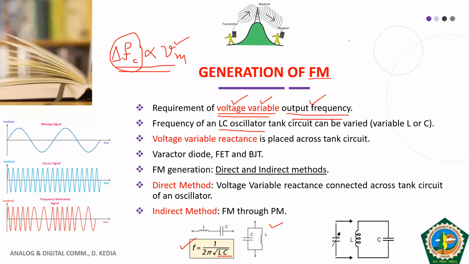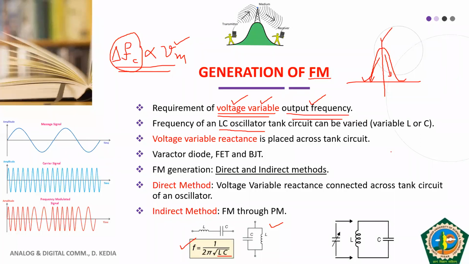And all of you have studied the concept of resonance. Whenever there is a resonance, obviously the peak is obtained. If you remember, your resonance curve looks like this. At the center there is a peak, where we have the highest response, and then the peak decreases on either side of this resonance point. So this F equal to 1/2 pi under root LC is the center frequency.